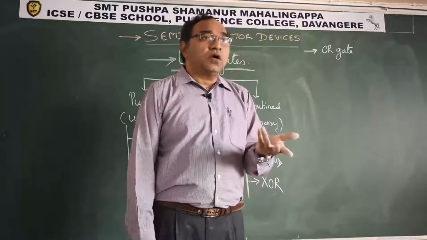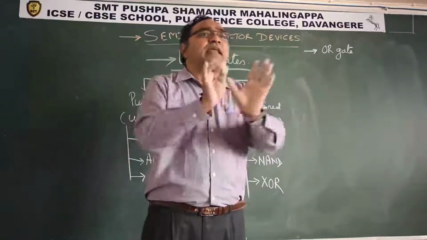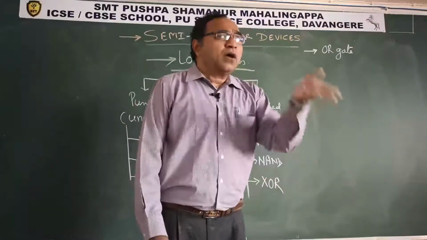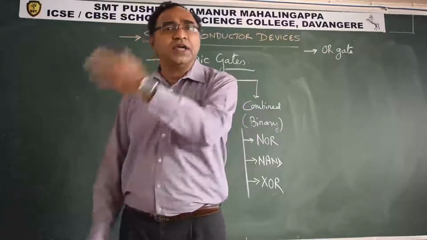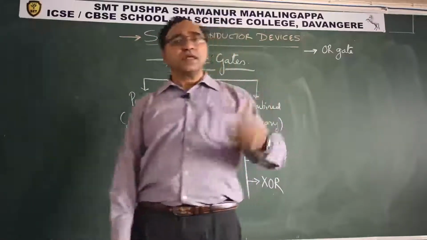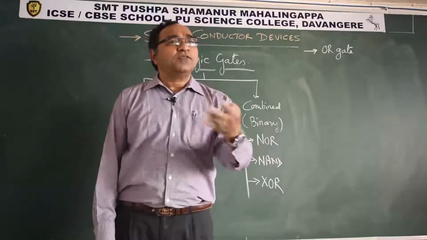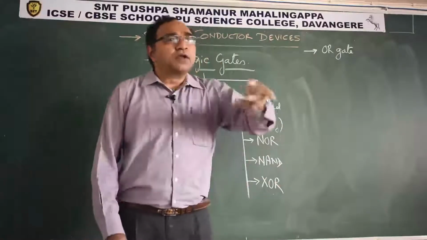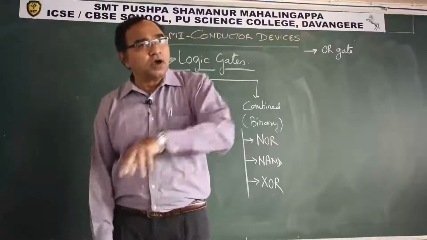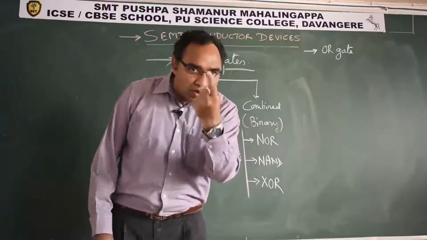Correct? OR will mean what? Of all the combinations, anyone. Either A or B or C or D is correct. In MCQ, what is the meaning? 4 choices are given, any one choice is correct. Either A is correct, or B, or C, or D. So how many are correct? Only one.